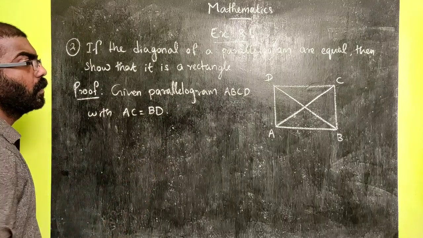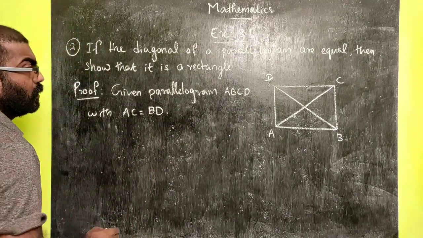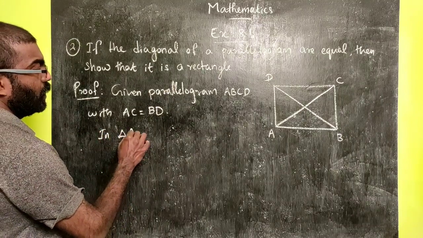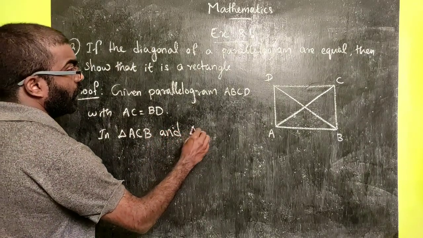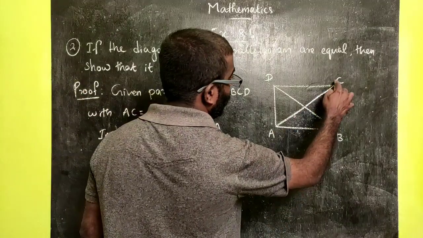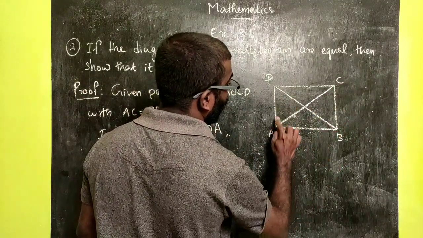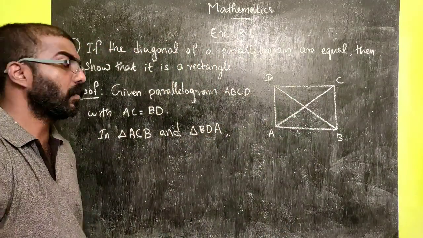Diagonals are equal. To prove it is a rectangle, first we can consider triangle ACB and triangle BDA. ACB, this one, and BDA, this triangle. We are going to prove these two triangles are congruent.